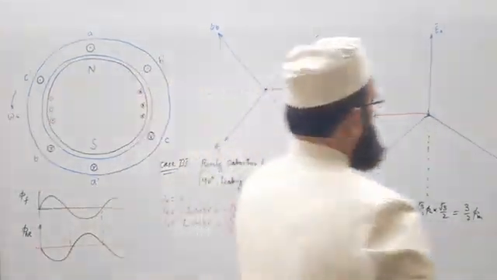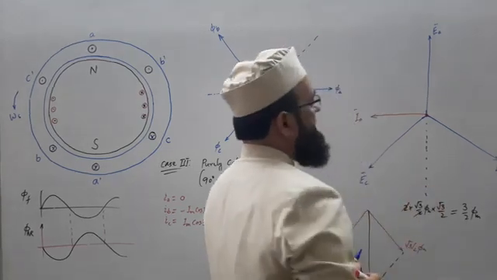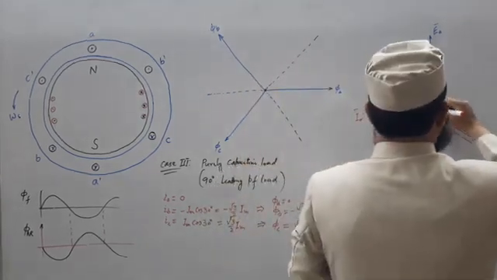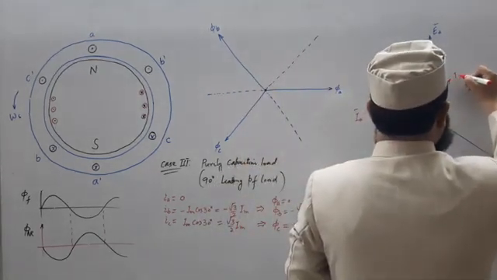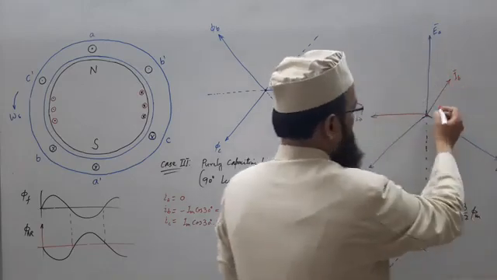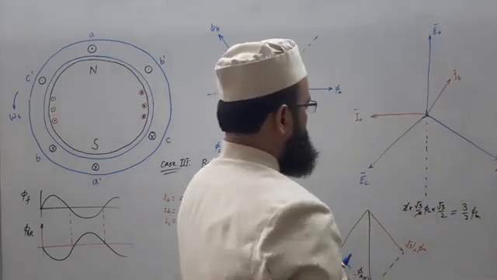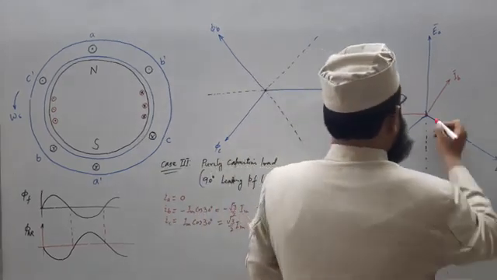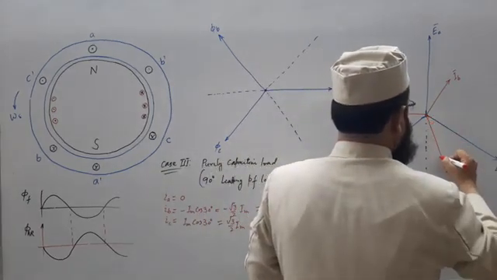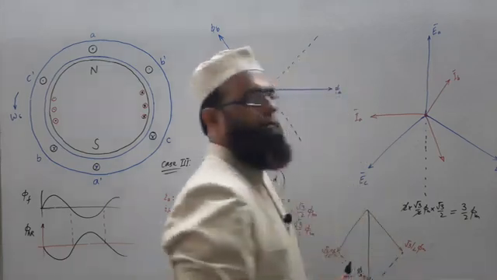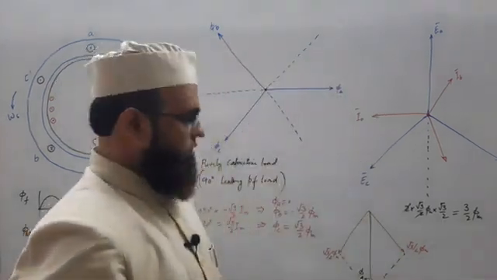Again, IB leading EB by 90-degree, and IC leading EC by 90-degree.